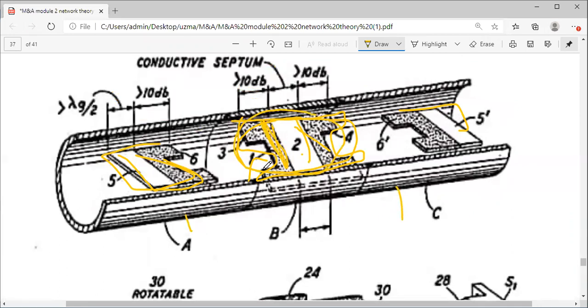You can see some angle is there. As it is the variable type of attenuator, the position of this resistive card R2 will decide the amount of attenuation. If you keep on changing the tilt angle, जिस position में आप R2 को रखेंगे, आपका attenuation vary होगा.